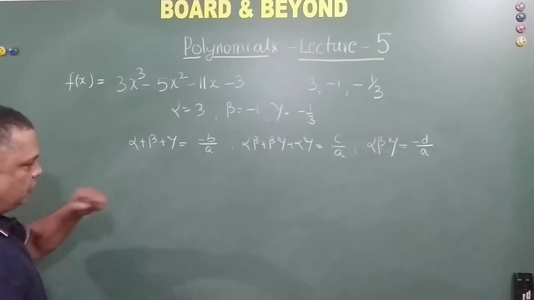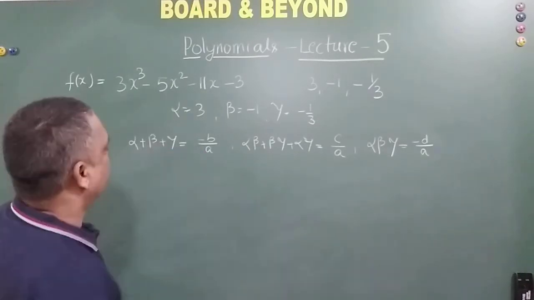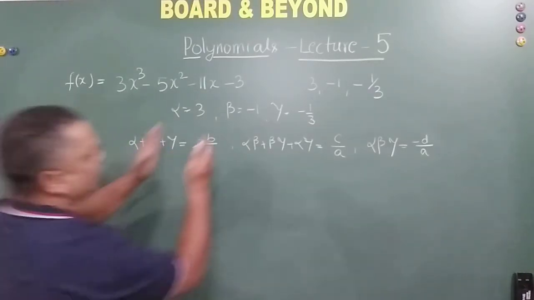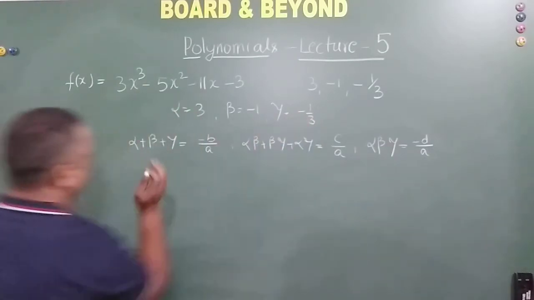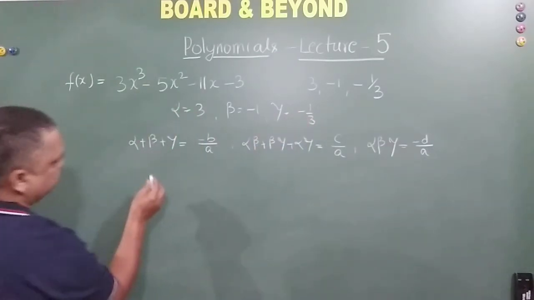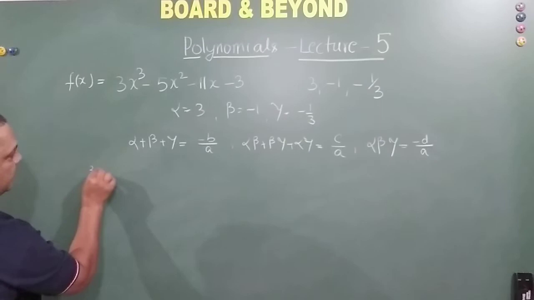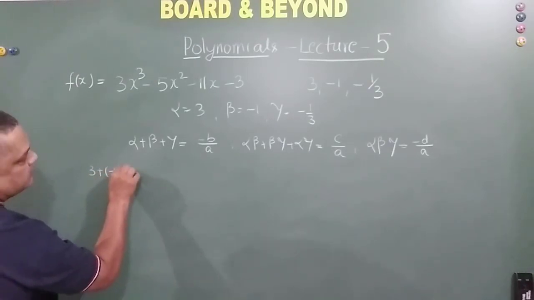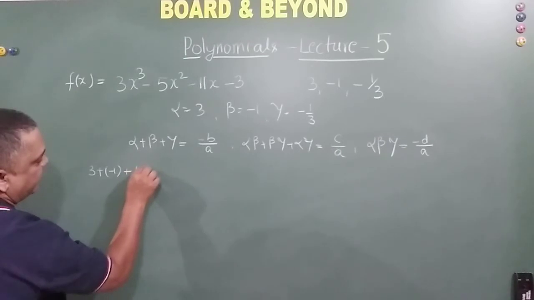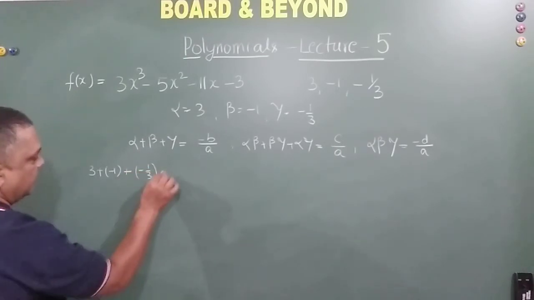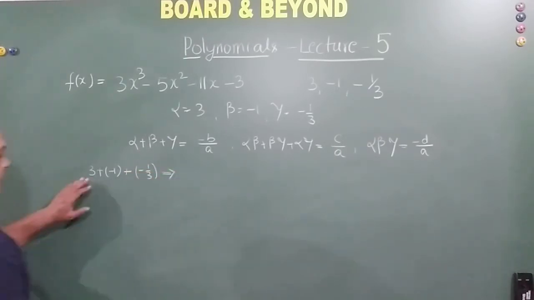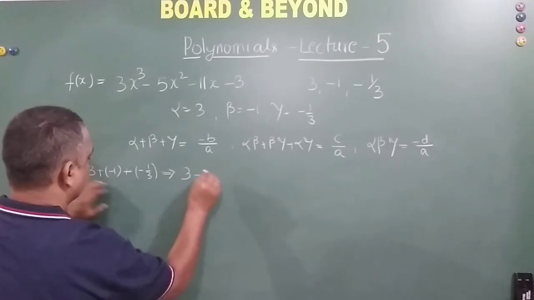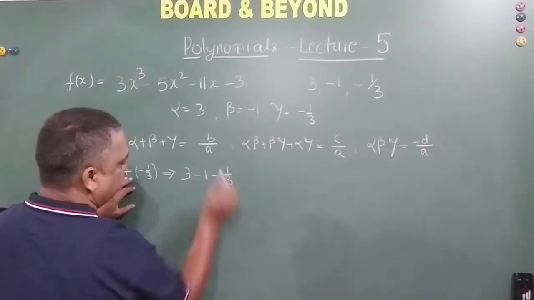Right? So let's now prove it one by one. So what we do is that we do alpha plus beta plus gamma here. So it is 3 plus minus 1 plus minus 1 by 3, which also gives us 3 minus 1 minus 1 by 3.